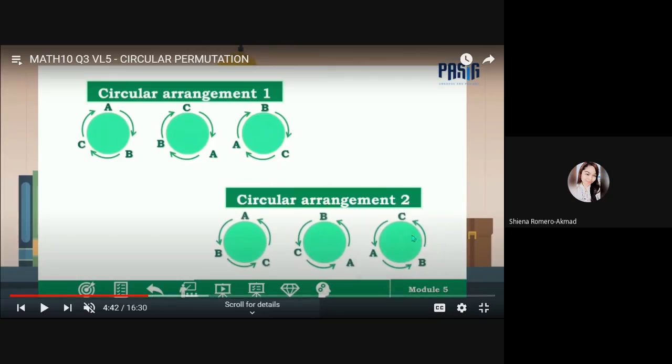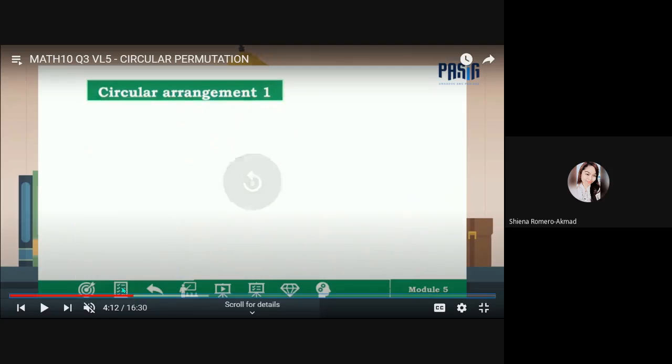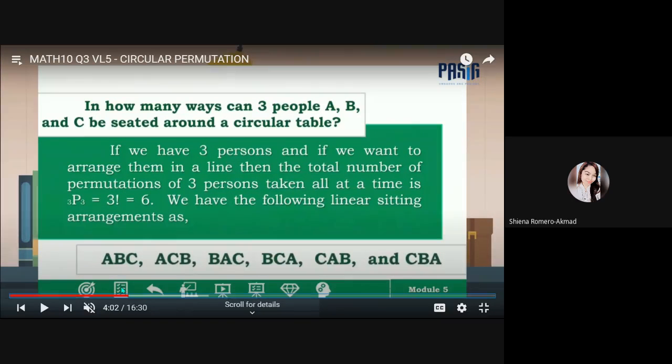Ganon din dito sa pangatlo. So kung titingnan natin yung arrangement kanina, now we have yung anim. We have ABC, ACB, BAC, BCA, CAB, and CBA. Itong arrangement na to is best used if it is a linear arrangement. They are arranged in a line.